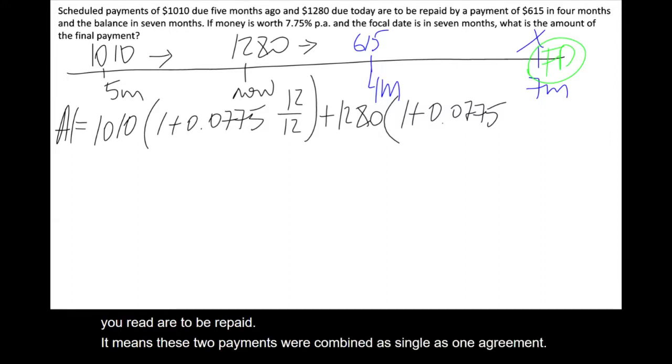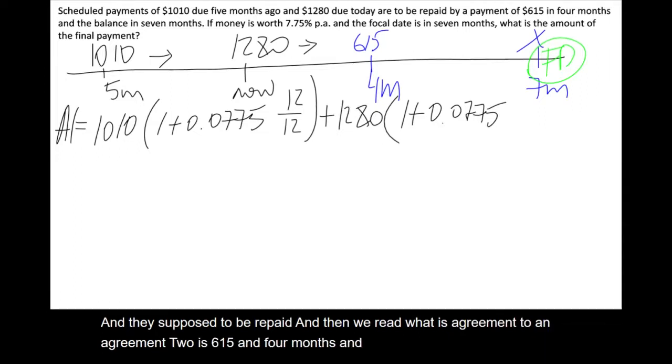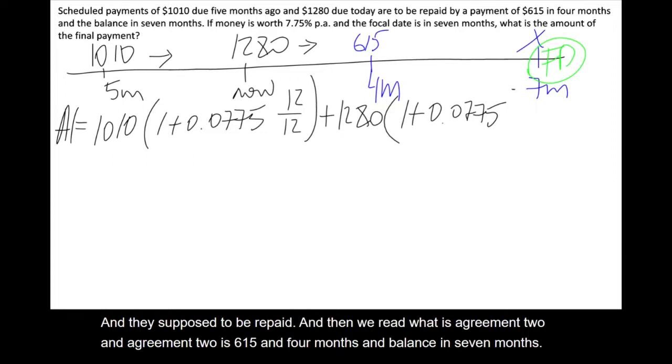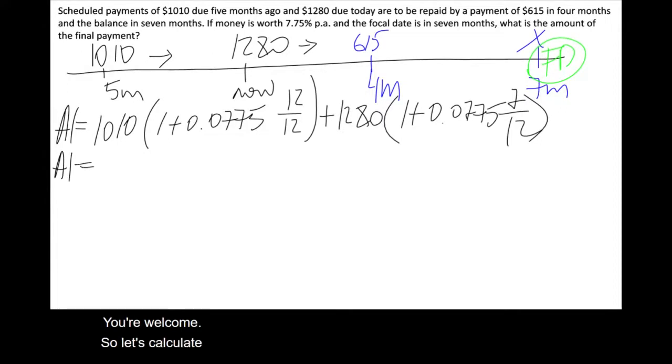And then we read what agreement 2 is: 615 in 4 months and the balance in 7 months. Okay, so let's calculate agreement 1.